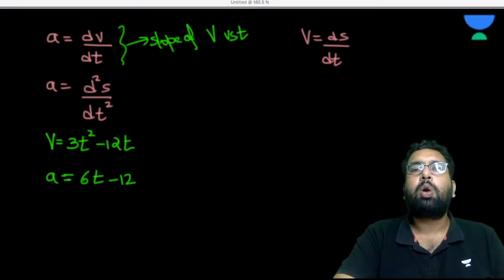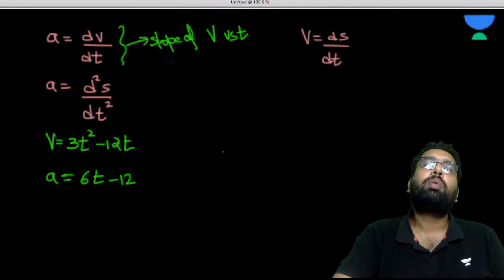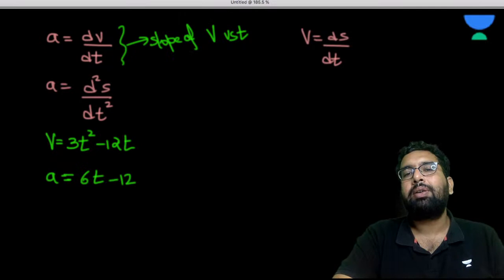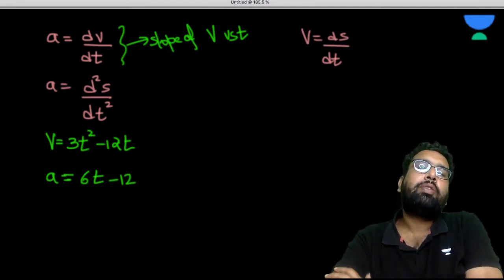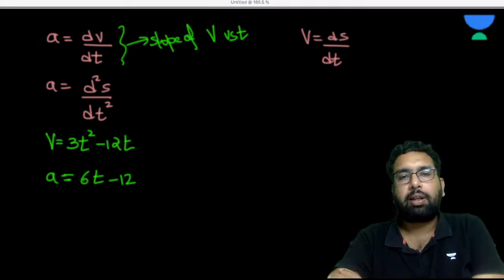We are going to talk about the graphs in kinematics also, and this information is going to be very, very useful. So acceleration is basically the slope of the v versus t curve. That is, if we plot the velocity with respect to time in a motion, the slope of that curve is going to give you the acceleration.